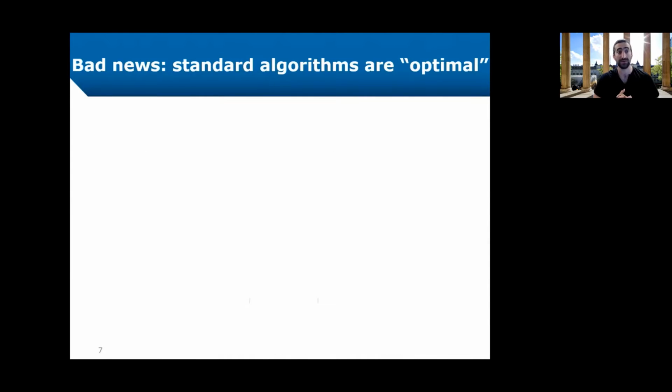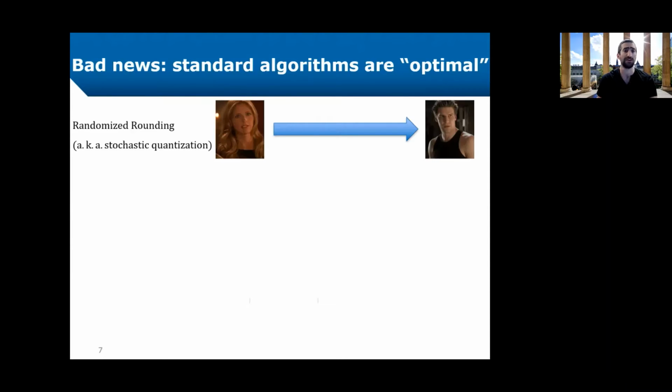First, some bad news. It turns out that standard algorithms are already optimal. The first standard algorithm is called randomized rounding or stochastic quantization. It's very natural.